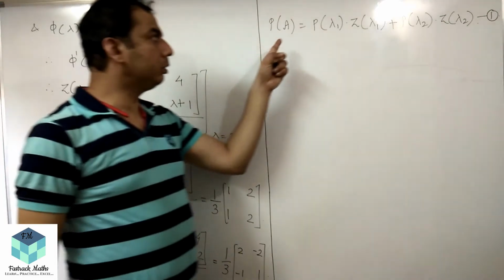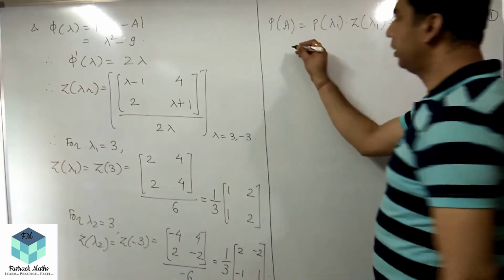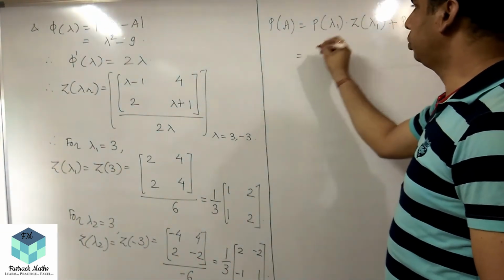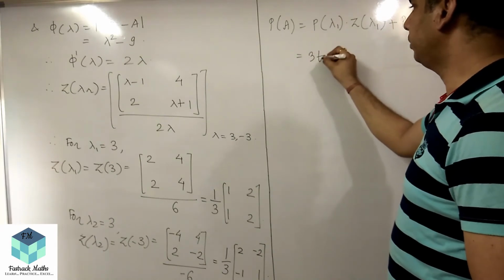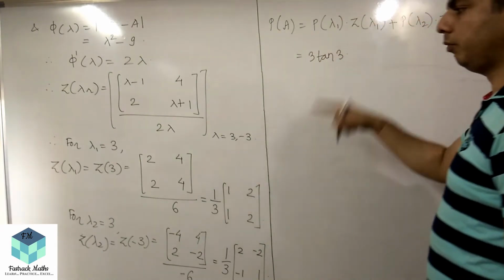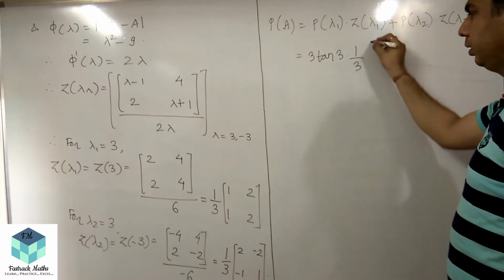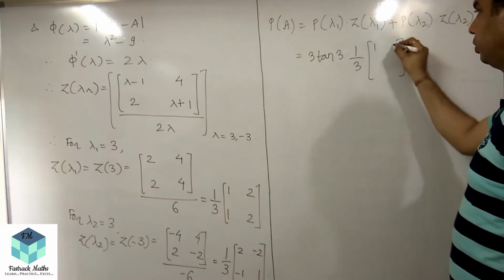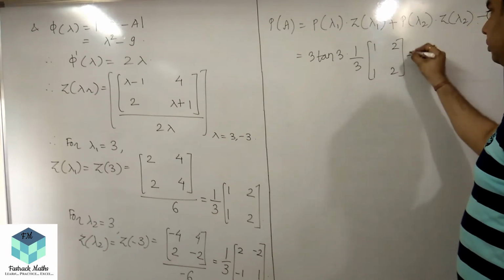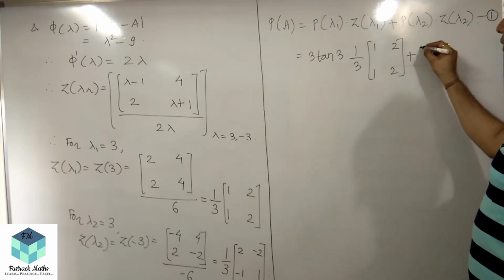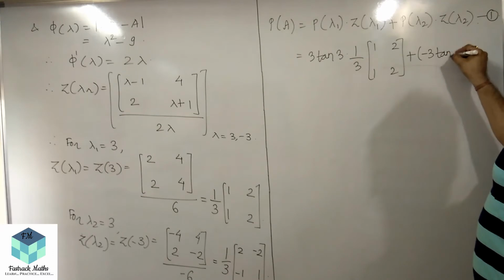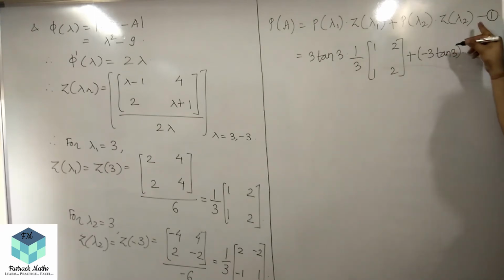Putting these values in P of A, we get P of A equal to 3 tan 3 into 1 by 3 times the matrix [1, 2; 1, 2] plus -3 tan 3 into 1 by 3 times the matrix [2, -2; -1, 1].